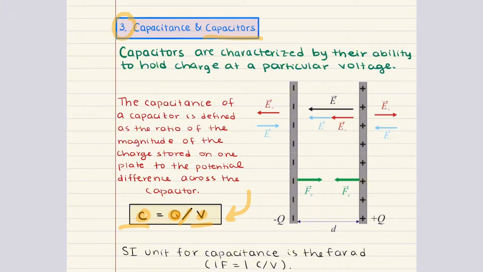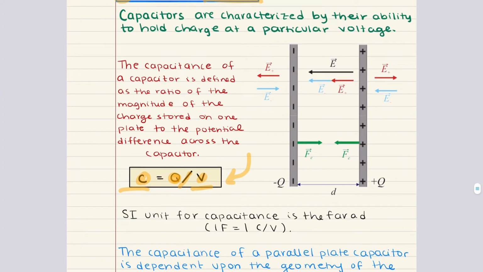This equation tells us that the greater the capacitance, the more charge the capacitor can hold for a given voltage. And again, the SI unit of capacitance is the farad, where 1 farad is equal to 1 coulomb per volt.